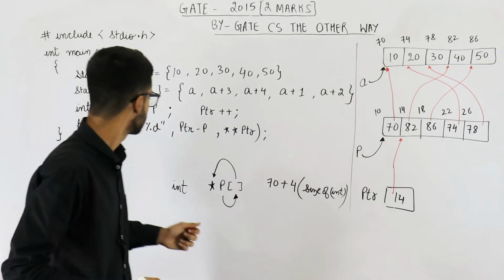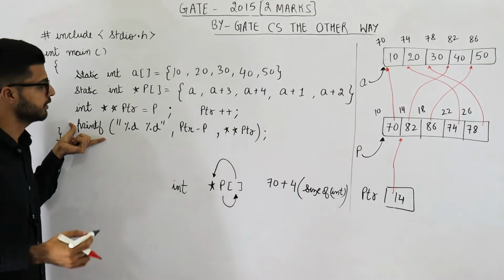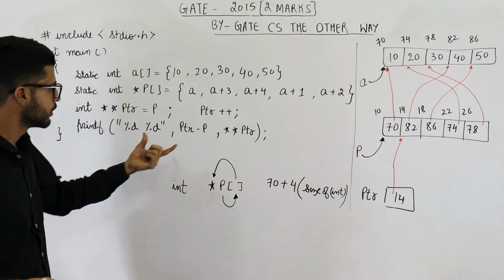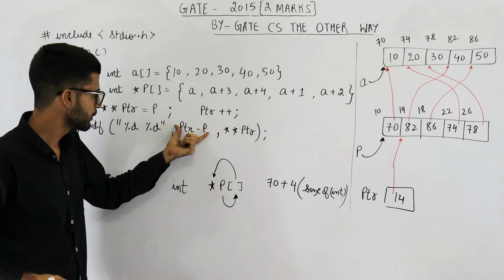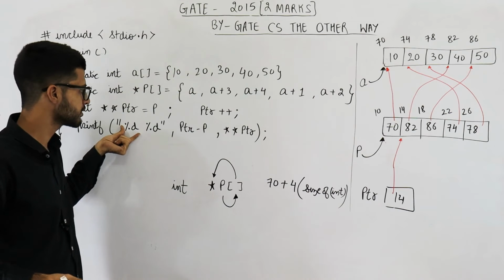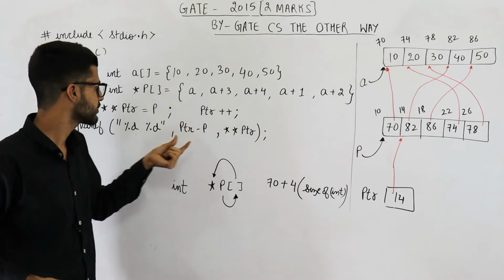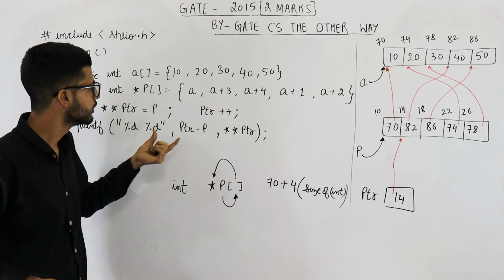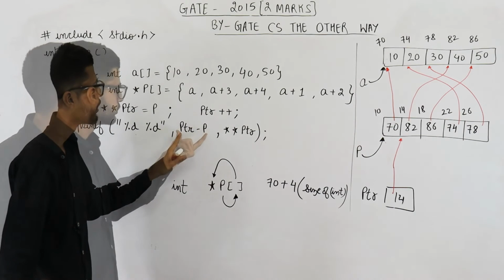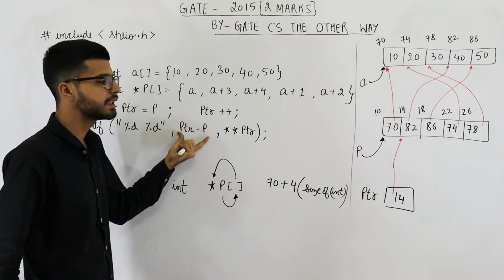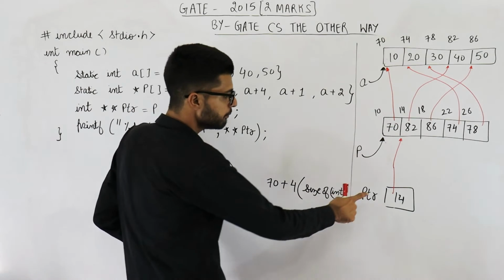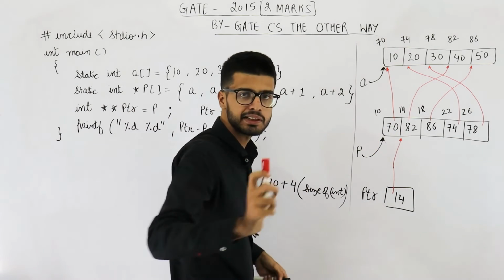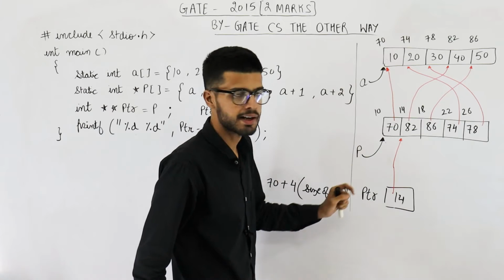Now let us execute the last line and you will get your answer. This will be placed in place of the first percent d and this will be placed in place of the second percent d. Let us find what this is. Now you want to subtract p from ptr. ptr points here, shown with red ink.